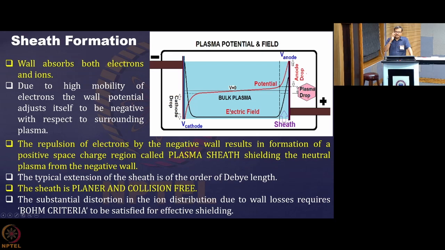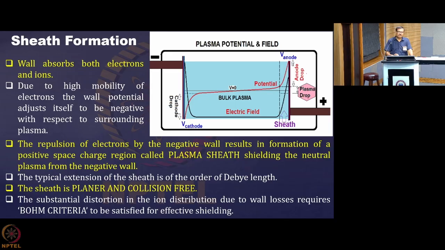The variation of potential that I have shown in this diagram is just a representative one. There are lots of variations in the structure of this potential in the sheath region, which we will be discussing in our tutorials. This is just representative of the kind of potential distribution that may happen over there.